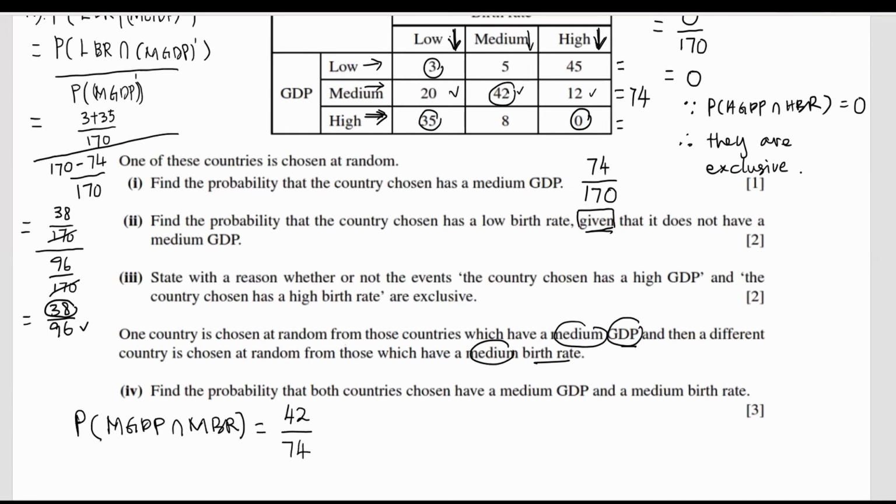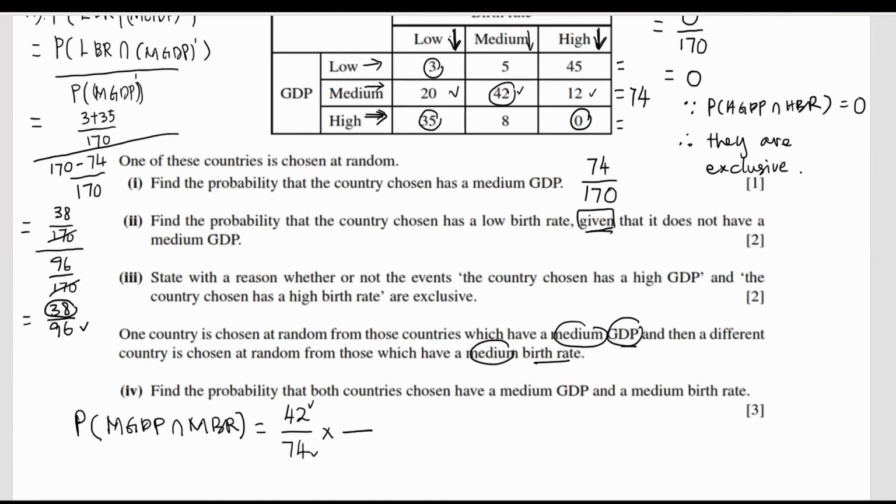So the probability is 42 over 74. And multiply.